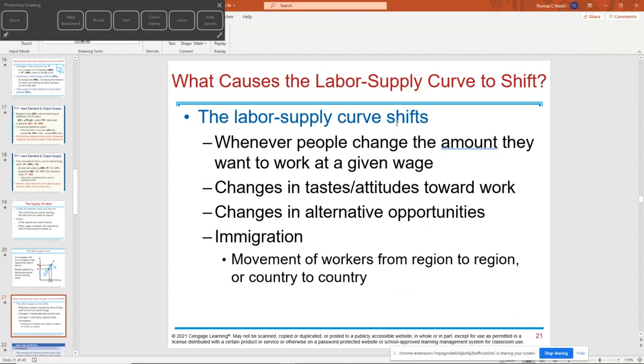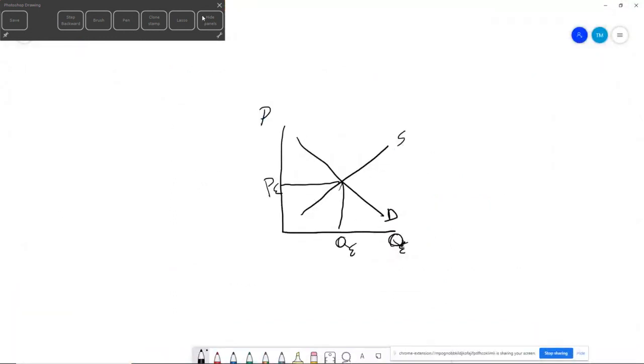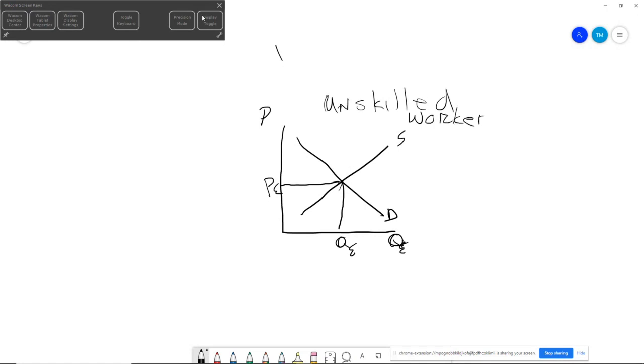If we have an increase in the number of unskilled workers entering the market, let's say this is unskilled workers. That's going to be dealing with the wages.